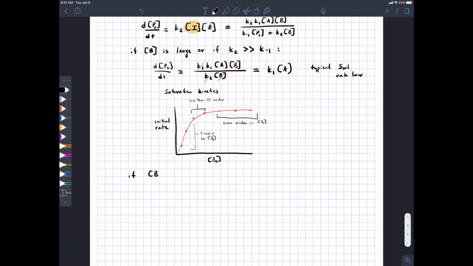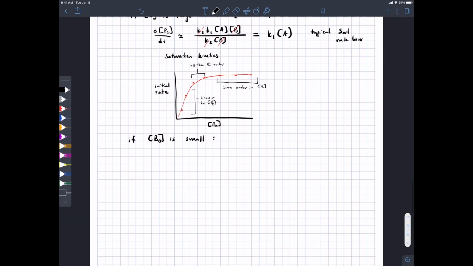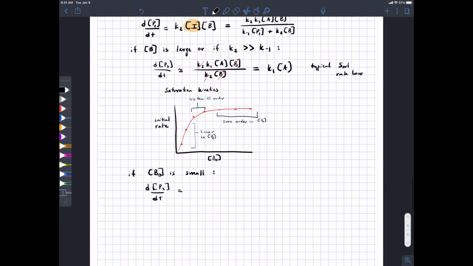If the concentration of B is small, then the rate of change of the product as a function of time, in the denominator, the term with B would go away.